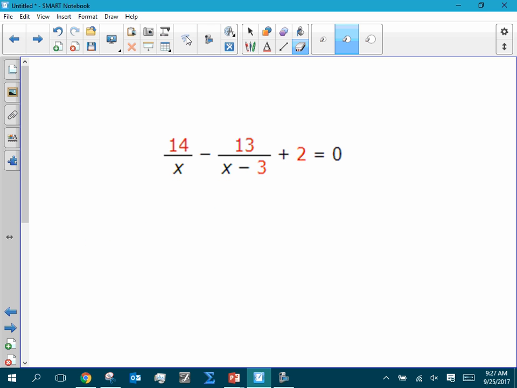All right, so the two values. When I look at this problem and start working through it, initially I think there are two, out of all the numbers that exist, there are two numbers that I know are not fair game for this problem. X cannot be 0 and X cannot be 3. Because when I plug those numbers in, I get issues somewhere in that equation. Does that make sense? All right.